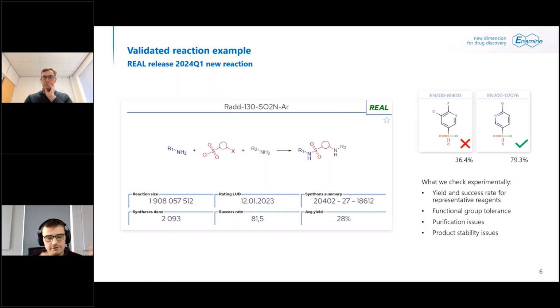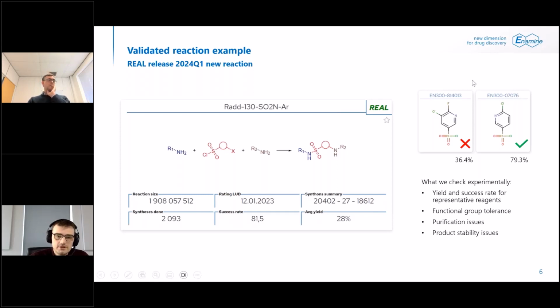And to validate, to test whether we can do the reaction and whether our workflow and employees in the labs, our purification, the whole workflow can deal with that, we actually did about 2,000 test syntheses. And at the end, we achieved great results, and the average success rate for this reaction is more than 80%. And now the compounds which can be obtained by this reaction are in REAL at the moment.